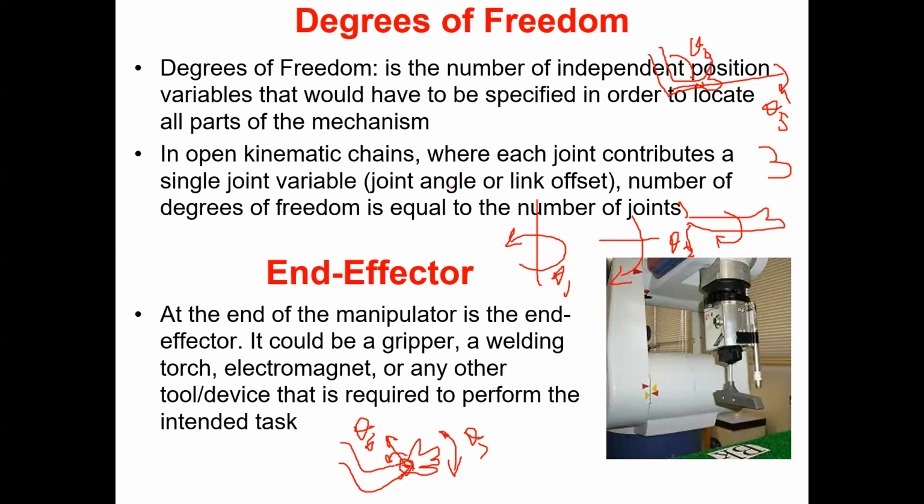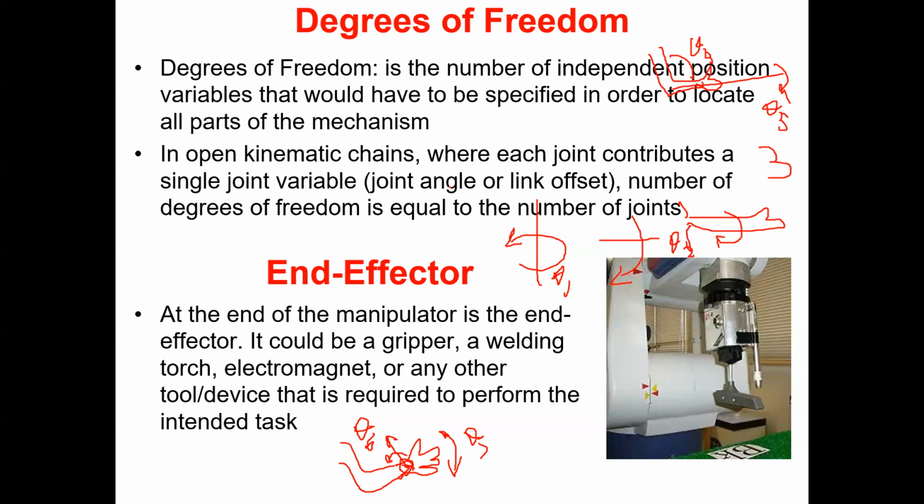So the advantage is redundancy. Just one word, redundancy. The human arm is a redundant manipulator, which means it has more than one configuration in the arm in order to reach the same position and same orientation.